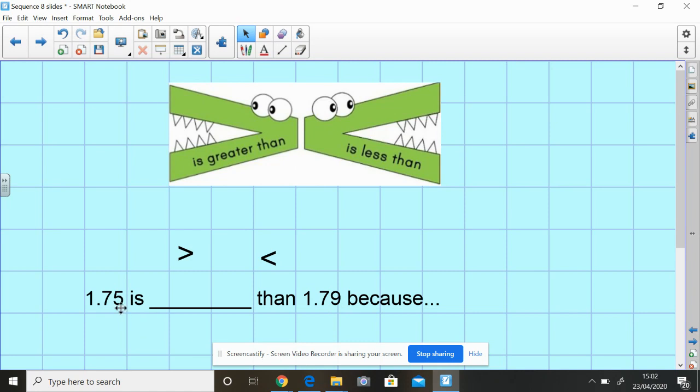So is the 5 greater than 9 or is 5 less than 9? We know that 5 is less than 9, so 1.75 is less than 1.79 because the number in the hundredths column, which is 5, is less than 9.